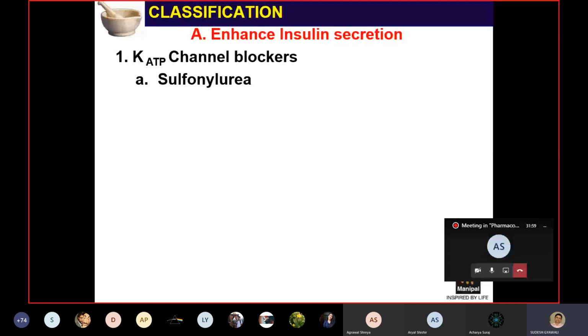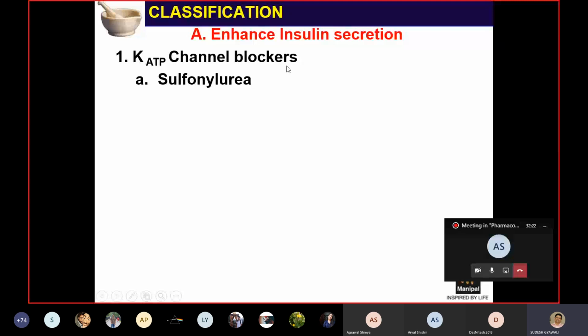There is production of insulin, but that is not sufficient to cater to the need of the body. So that is why you can increase this insulin, and we have drugs which enhance insulin secretion. This enhancement could be done by potassium ATP channel blockers, okay.